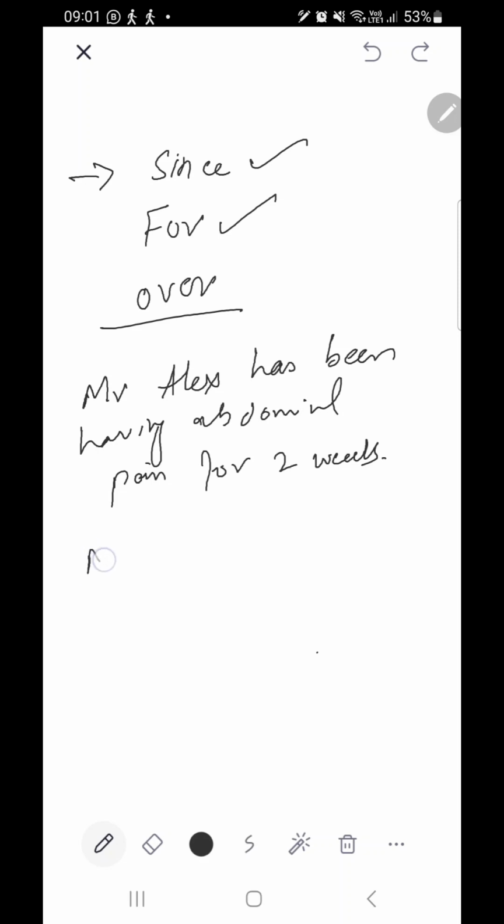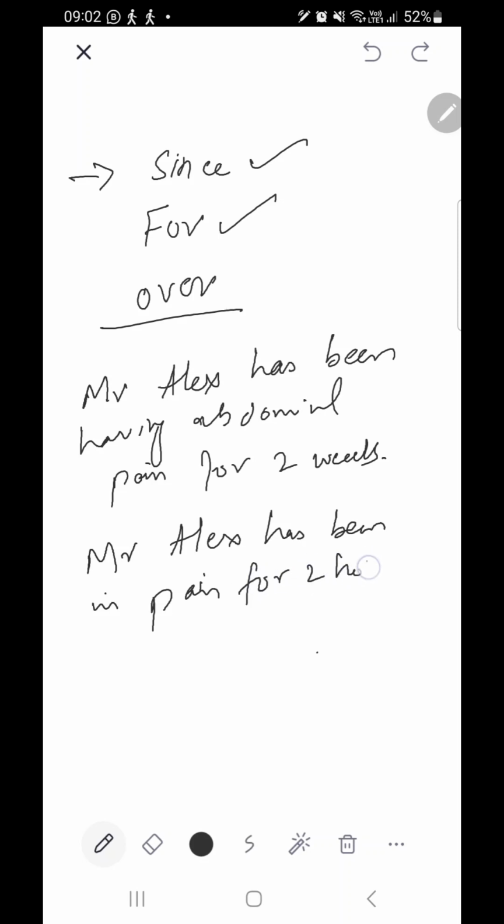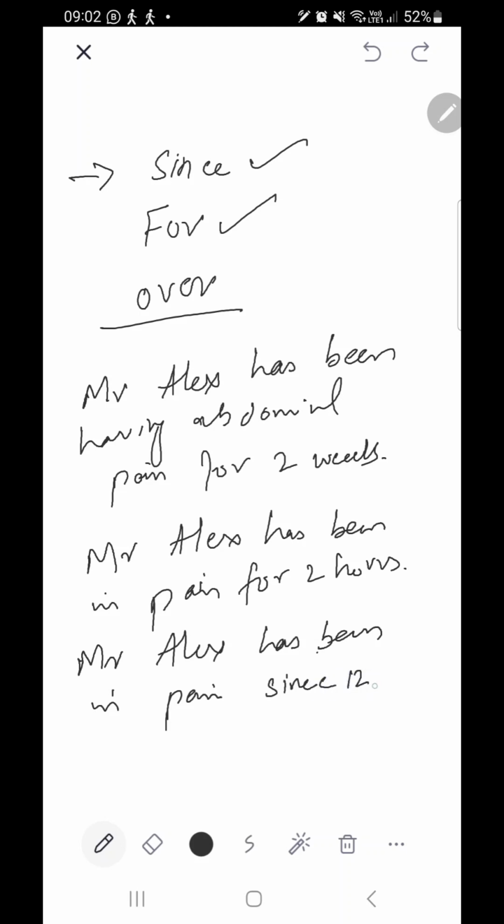We can also write Mr. Alex, in present perfect tense, has been in pain for 2 hours, right? And with since: Mr. Alex has been in pain since, let's say, 12 a.m. You have a specific time being mentioned.